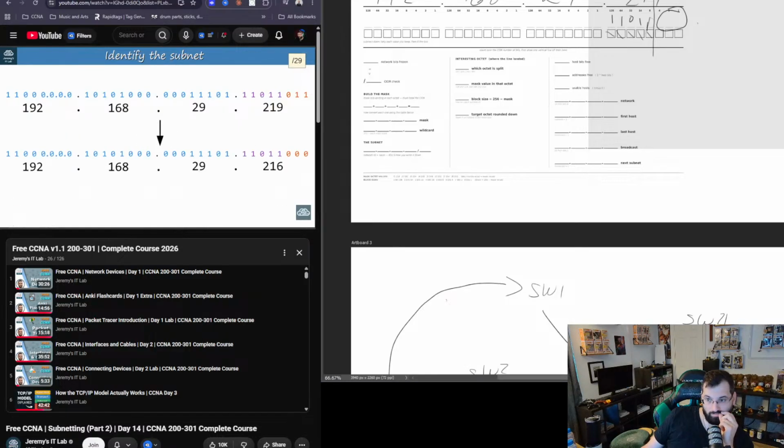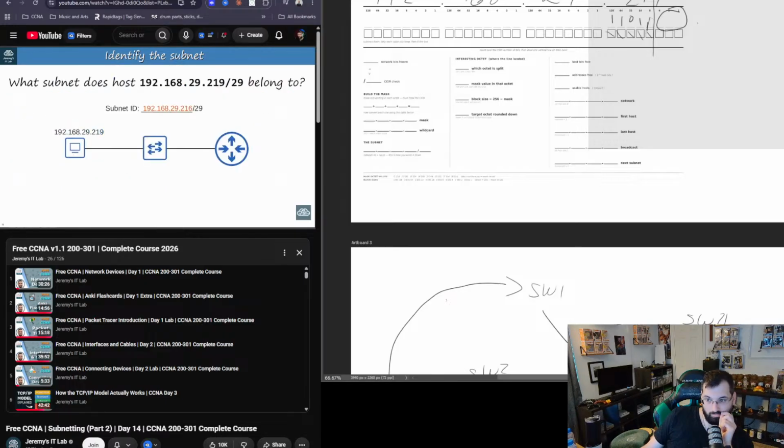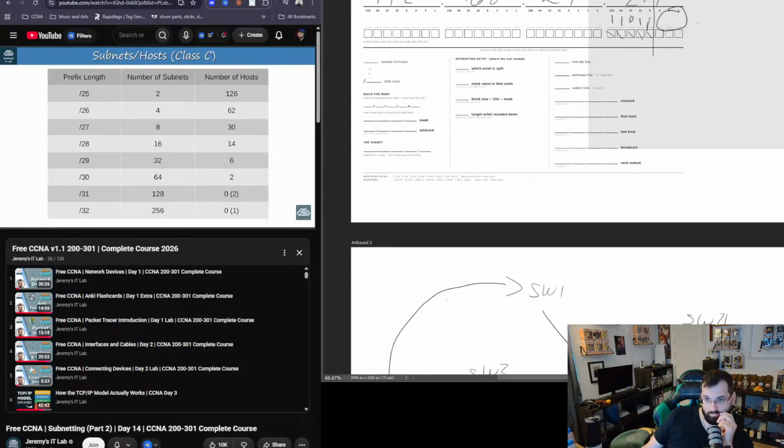And then convert back to dotted decimal. There's our answer. So host 192.168.29.219/29 belongs to the subnet 192.168.29.216/29.